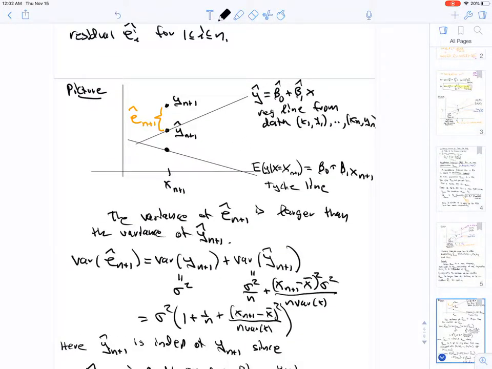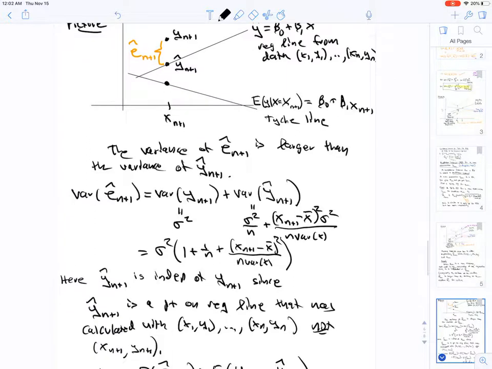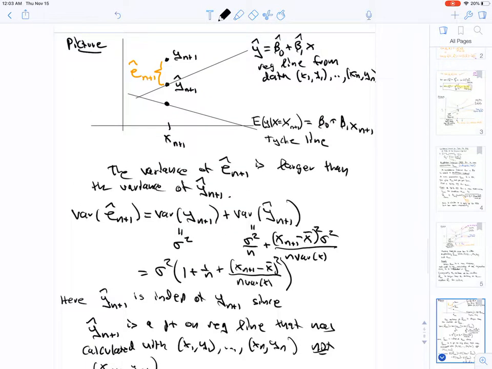So here's essentially the picture of what we have, and you can compute the variance of e hat n plus 1, and by definition it'll be the variance of y n plus 1 plus the variance of y hat n plus 1.